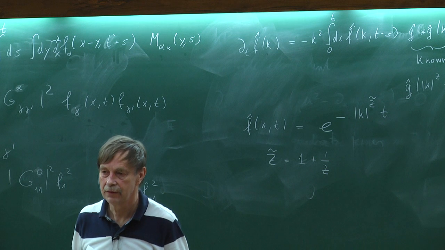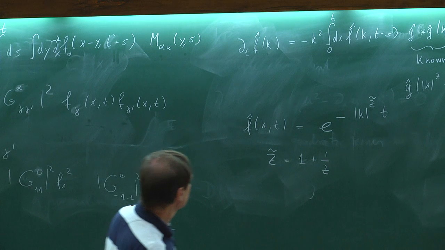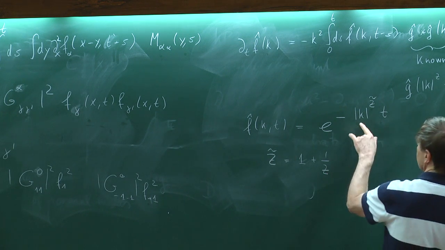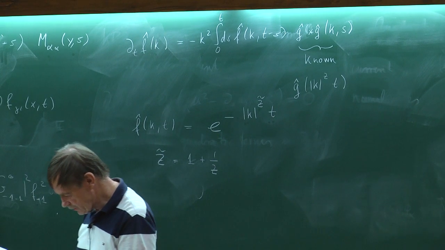Small k means large distance behavior. The combination in the exponent is of order 1, so small k, large t, and that is fine.